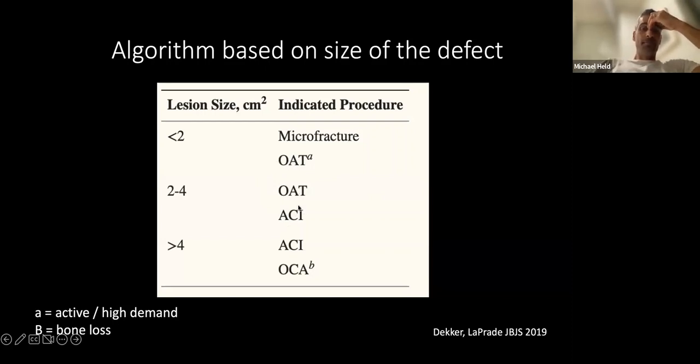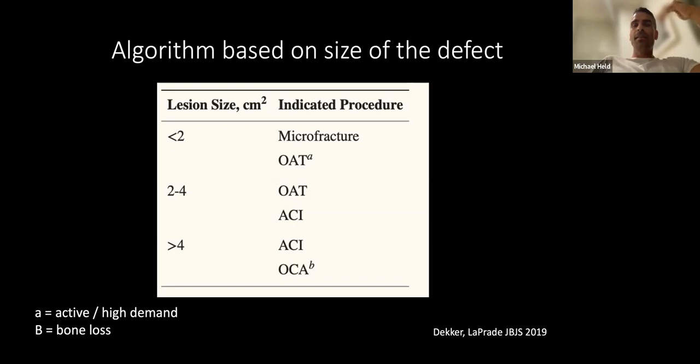Now, in larger defects, the problem is that microfracture doesn't really work anymore, and OAT has the issue of donor site morbidity. So after trying to find cartilage from somewhere else, if that's more than 2 centimeters squared, you have a problem with donor site morbidity.